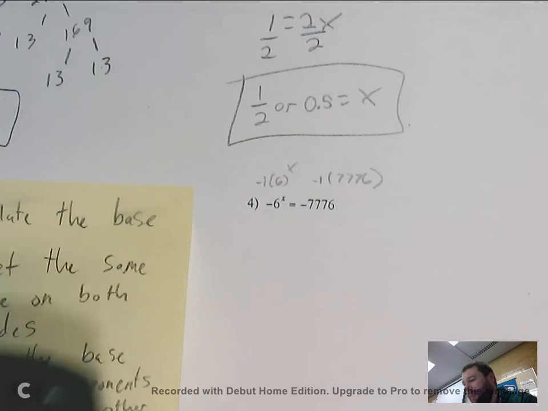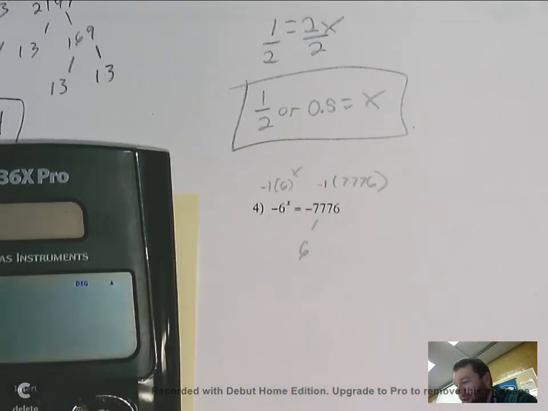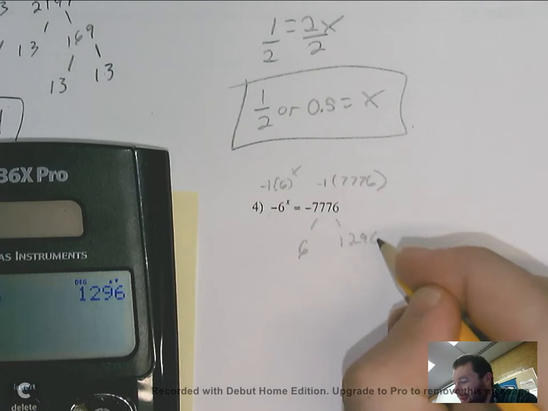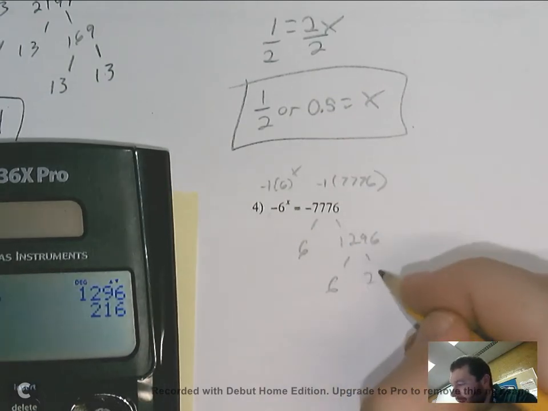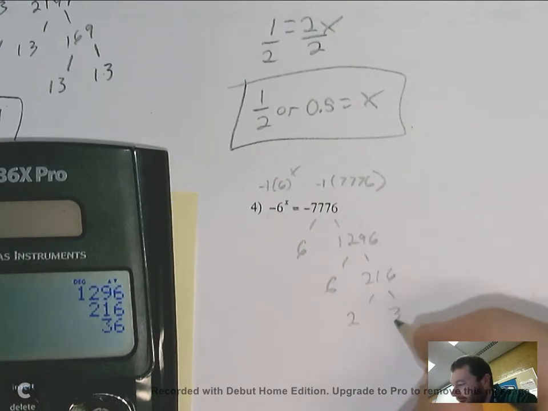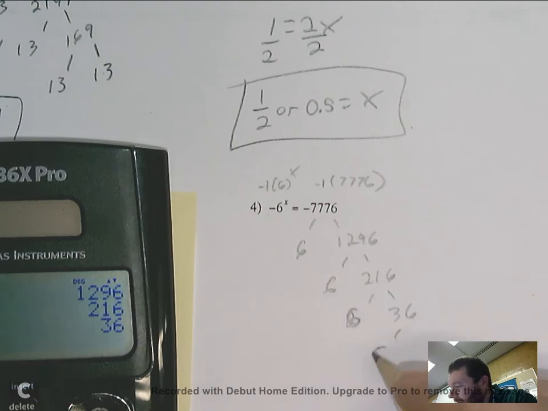So we're going to divide it by 6 until we get to 6. So 7,776 divided by 6 is 1,296. So still not there. Divide by 6, and I get 216. Divide by 6, and I get 36. And divide by 6, and I get 6.